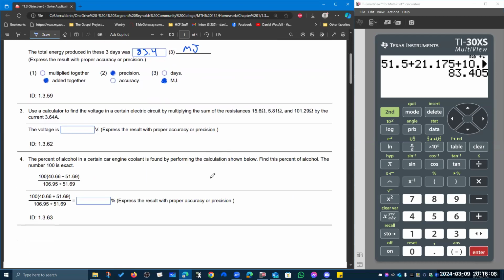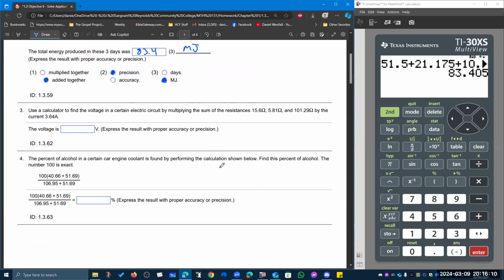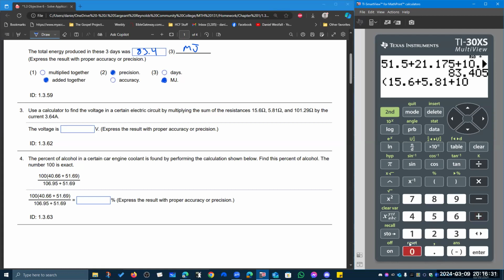Now we're going to use a calculator to find the voltage in a certain electronic circuit by multiplying the sum of the resistances by the current. So the sum of the resistances here, 15.6 plus 5.81 plus 101.29.